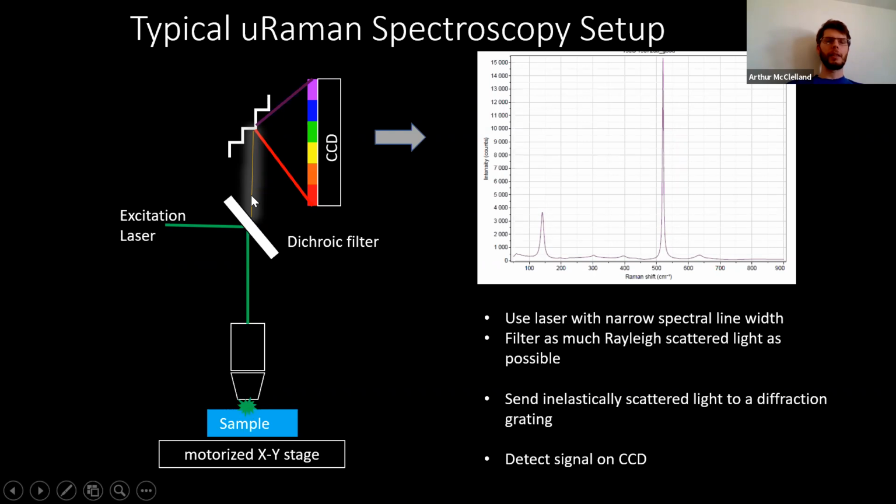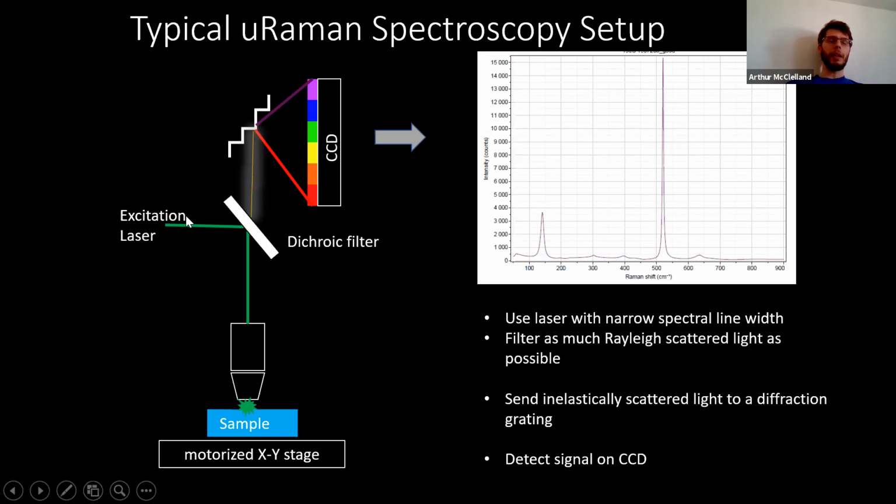We have the light come back, usually on a microscope, in this backscattered configuration. The dichroic filter will block as much as it can of the excitation light and just let the emission, the Raman scattered light, go through.